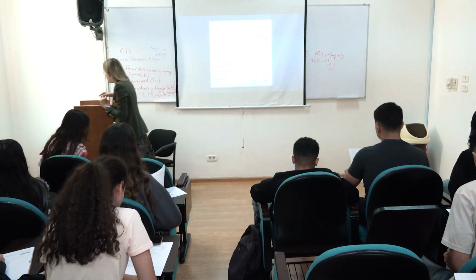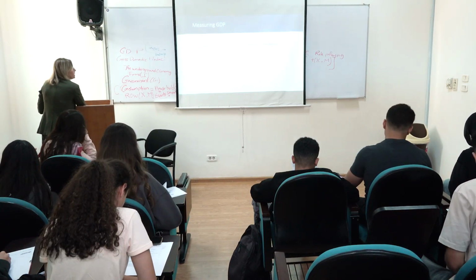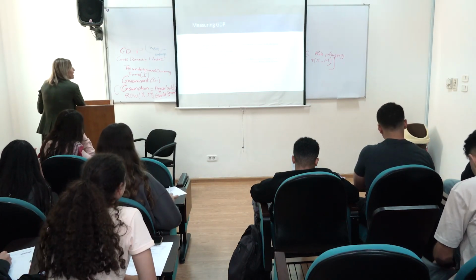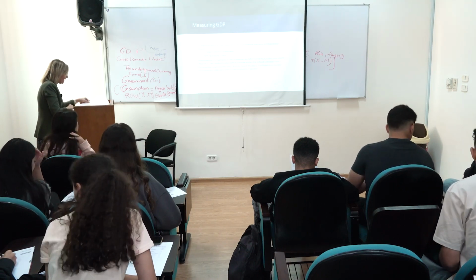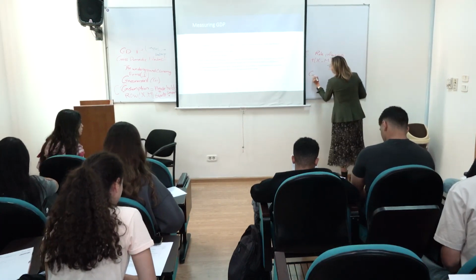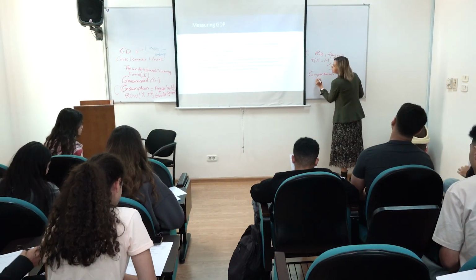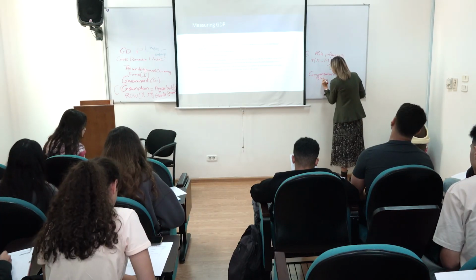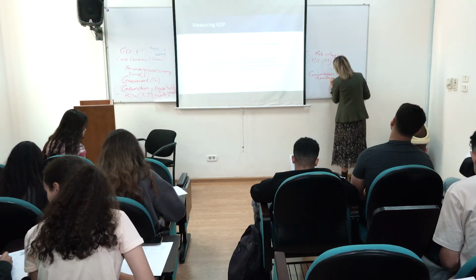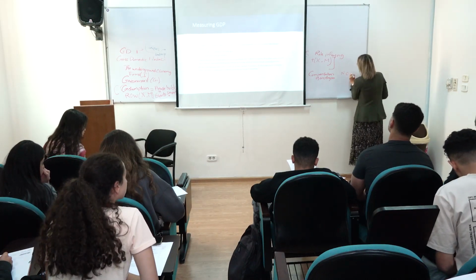Expenditure, right? Okay, and if we are going to look at the income approach, we classify it into two parts. Compensation of employees, or employees' compensation, and net operating surplus, okay?